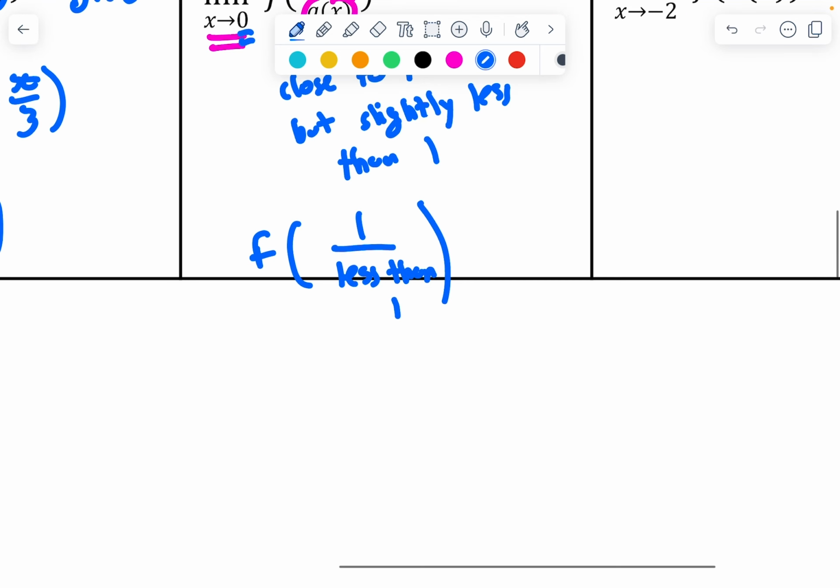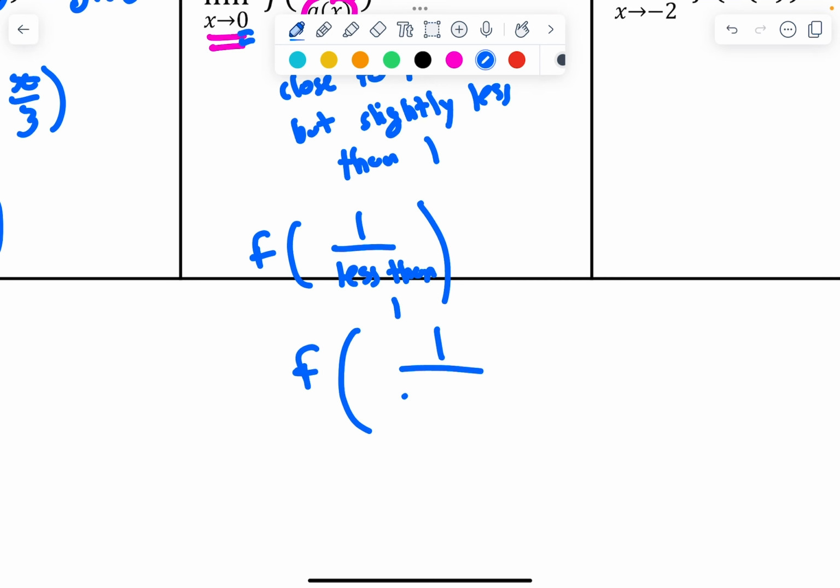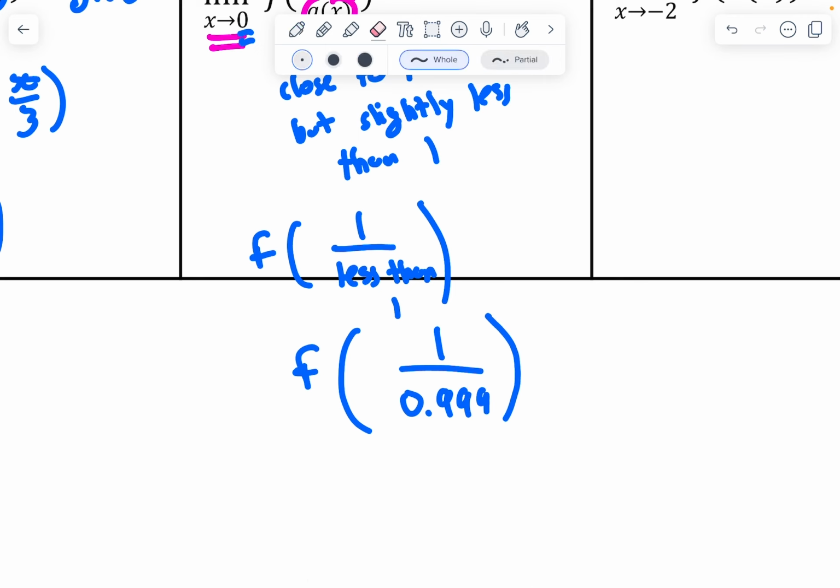So perhaps we imagine that this is f of 1 over 0.999, whatever. So the inside here is going to be really close to 1. It is going to be slightly larger than 1 because division by a smaller number creates a bigger number.